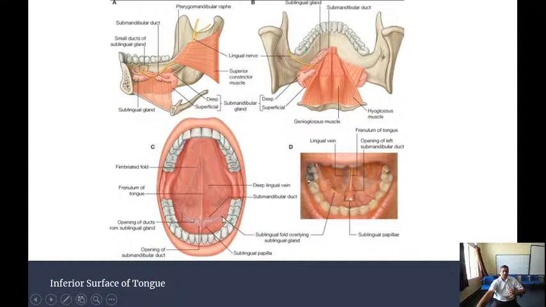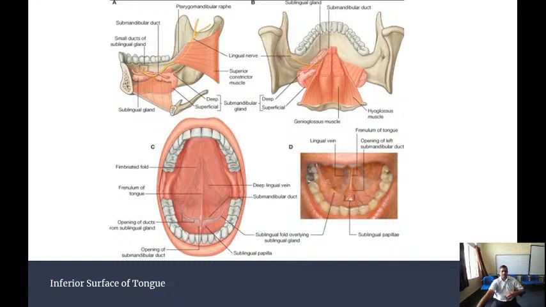The sublingual gland sometimes opens directly into the floor of the oral cavity, and sometimes opens via the submandibular duct. So that is as far as the sublingual fold, where you have the sublingual salivary gland.